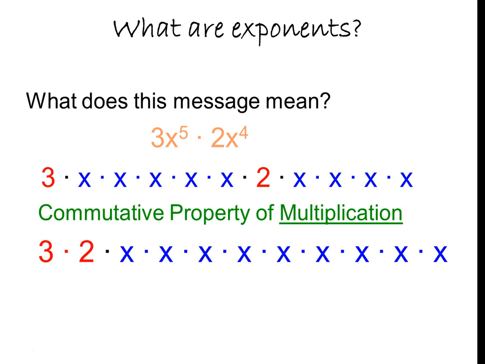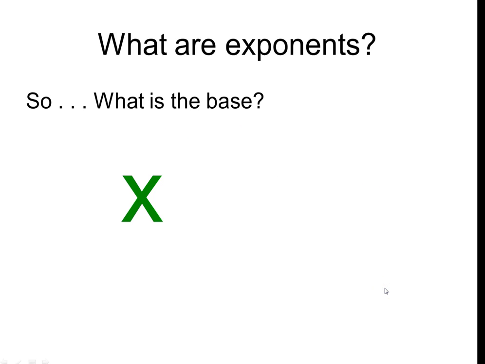So let's put the 3 and the 2 together. So now we have 3 times 2 is 6, and we have all of these x's, 1, 2, 3, 4, 5, 6, 7, 8, 9. So now we have 6 x to the 9th. So do you remember all the rules that allow you to do this?